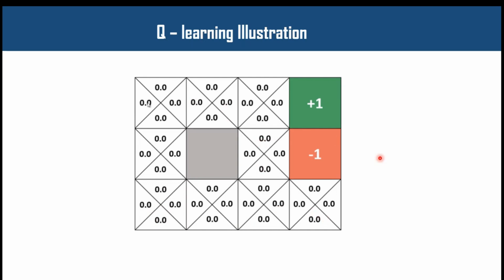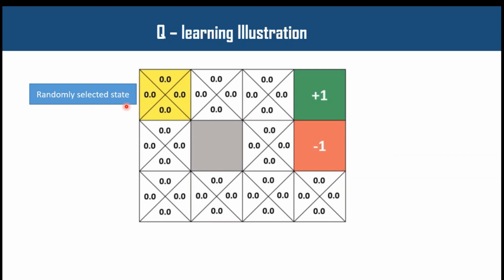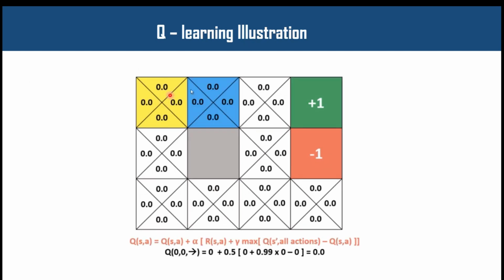The next step in the algorithm is that the agent chooses a cell randomly. So it chooses this one. And then the agent wants to move from this state to another state. So this is now the actual state, and it wants to move to the next state. Now we'll see how Q-learning will update it. So this is Q of S comma A, the current state, which is 0 comma 0.